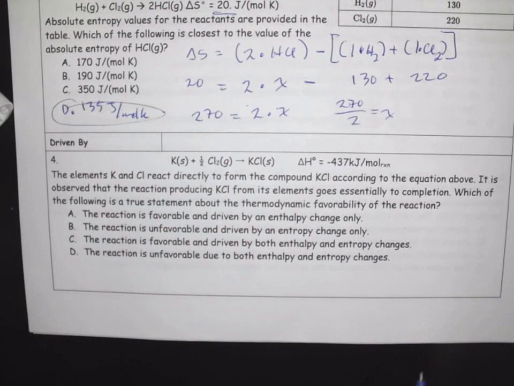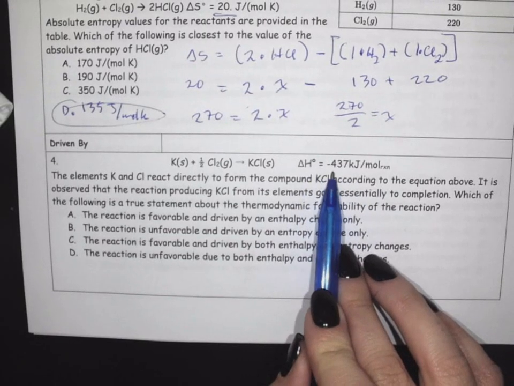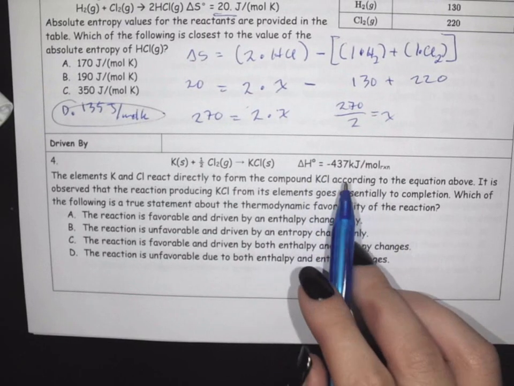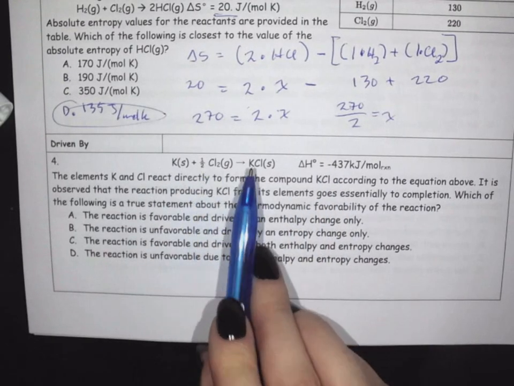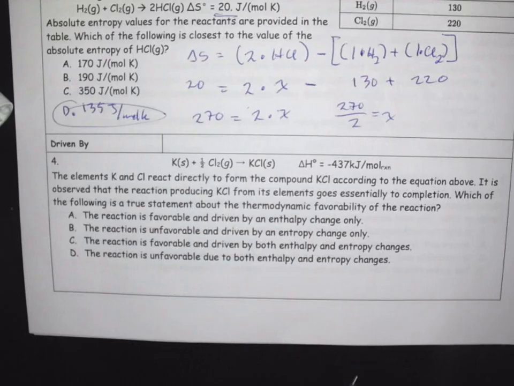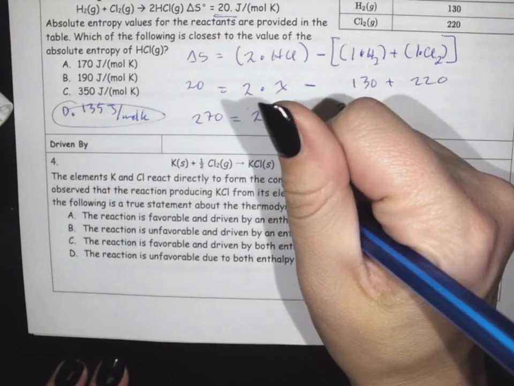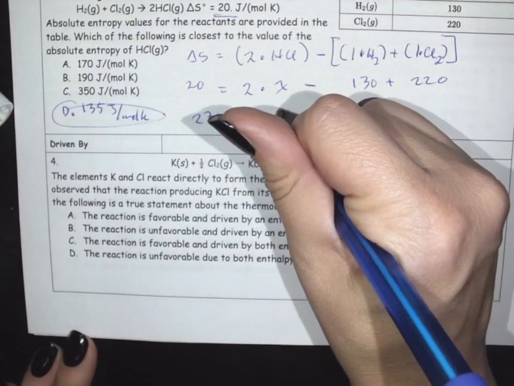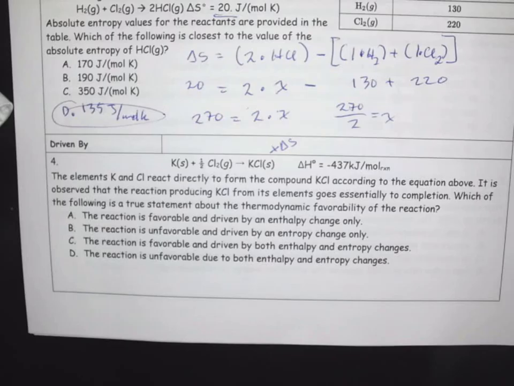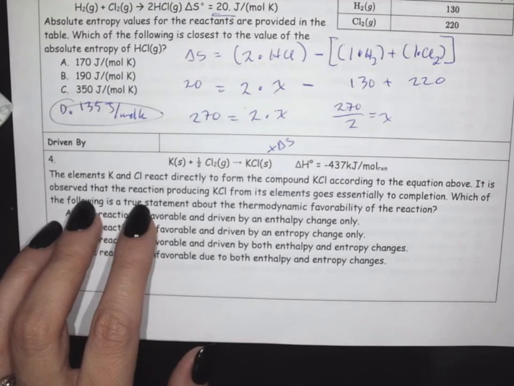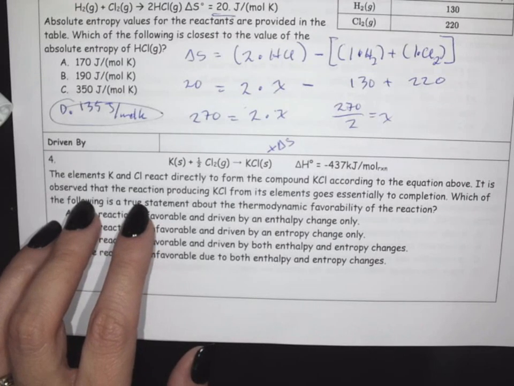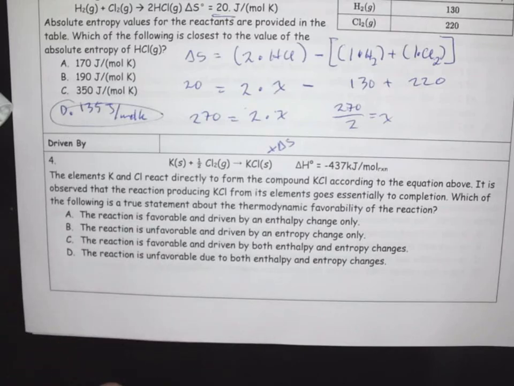Now, first thing I'm noticing, negative delta H, this is a good thing. This is like a driver of the reaction. And then we have 1 solid and half of a gas just turning into 1 solid. So this becomes more ordered because we're losing that gas particle. So that would be a positive delta S. And so the question is, it is observed that the reaction producing KCl from its elements goes essentially to completion.